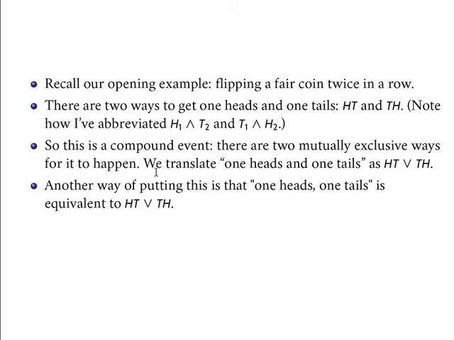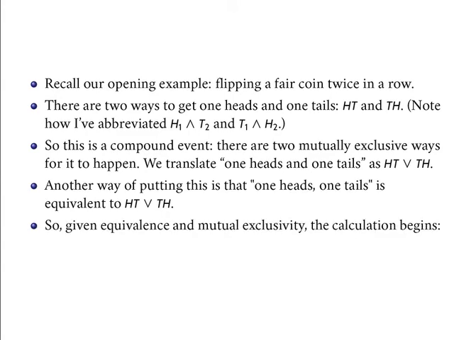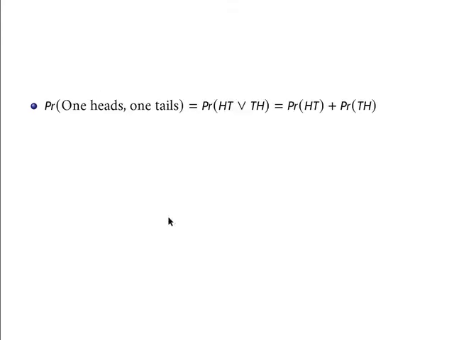So whether you think of it as translation or equivalence, either way is fine. So now, given equivalence and mutual exclusivity, given that one heads and one tails is equivalent to this disjunction, and we know this is a disjunction between two mutually exclusive disjuncts, we can start applying the rules from above.